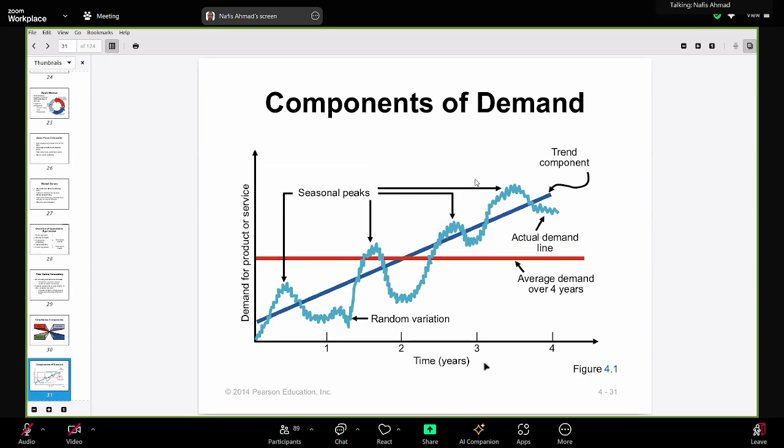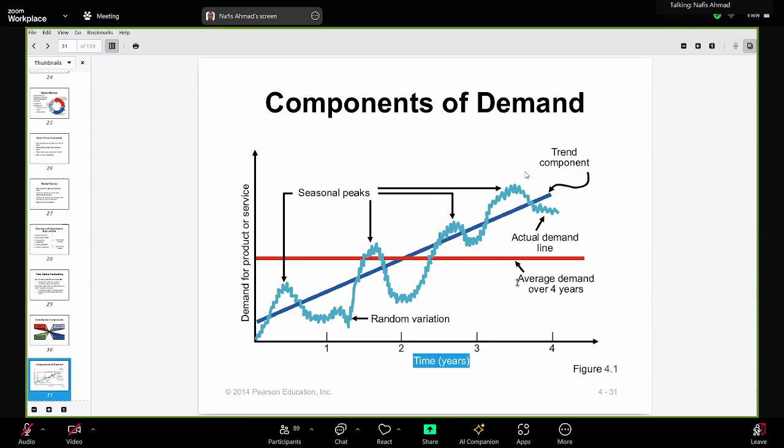The horizontal axis is time in years. For the last 4 years, the demand of a product or service is like this. Okay, it changes like this. So in this curve, we will find different components.